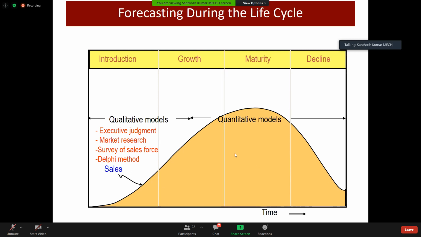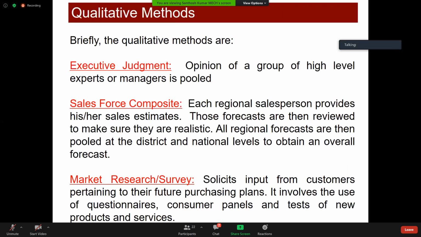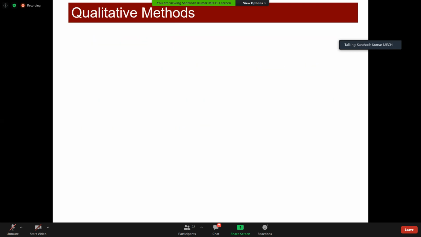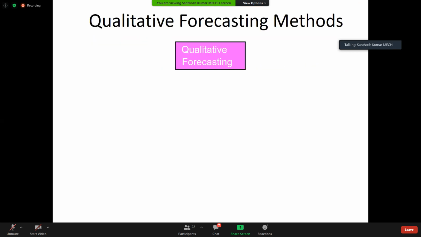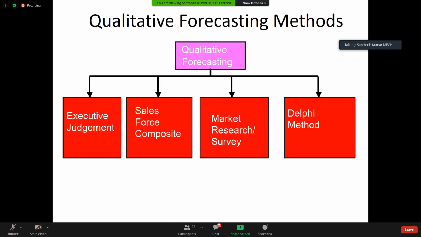Okay, now we'll stop here. Till now I'm just summarizing: we discussed the definition of forecasting, types of forecasting, and importance of forecasting. We discussed in detail short range, medium, and long range forecasts, and we discussed qualitative and quantitative. Qualitative we discussed today.